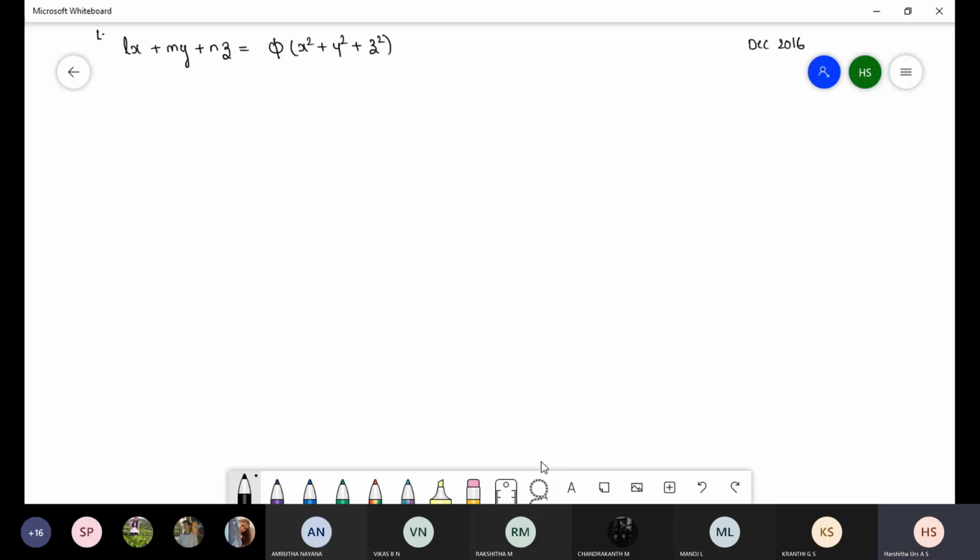So write in the solution in the next line: let Lx plus My plus Nz is equal to phi of x square plus y square plus z square.